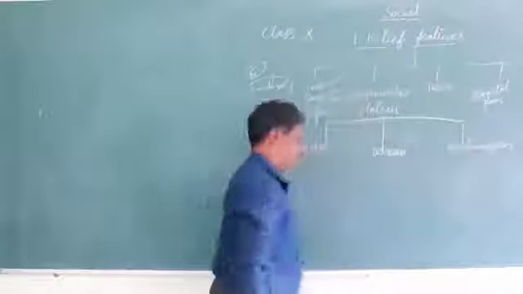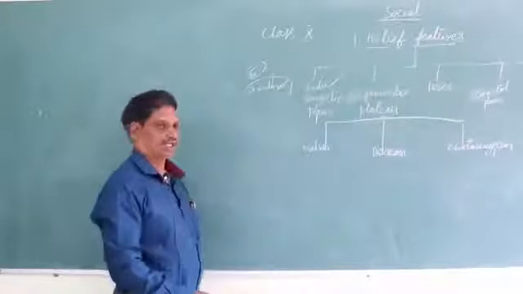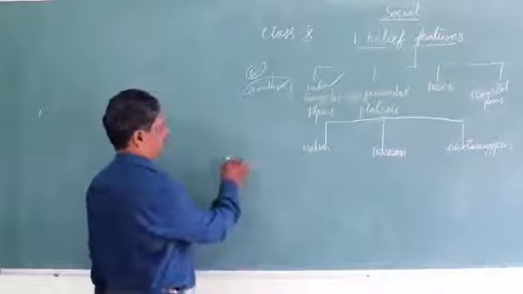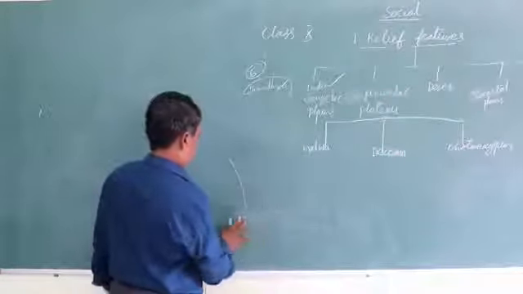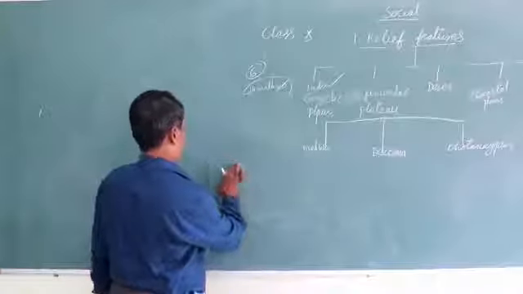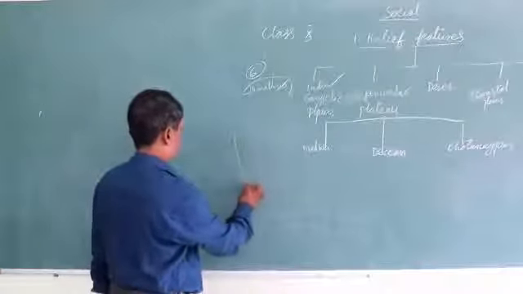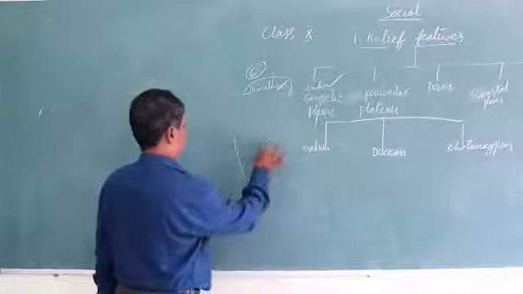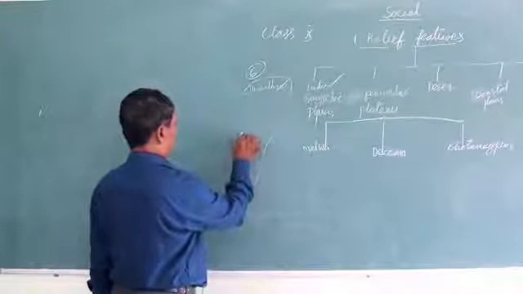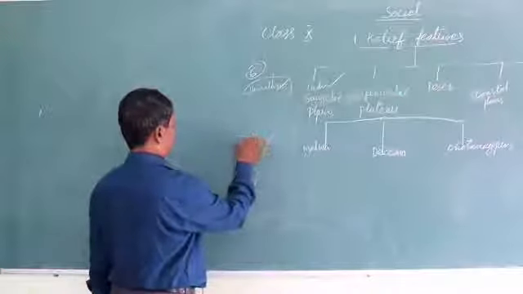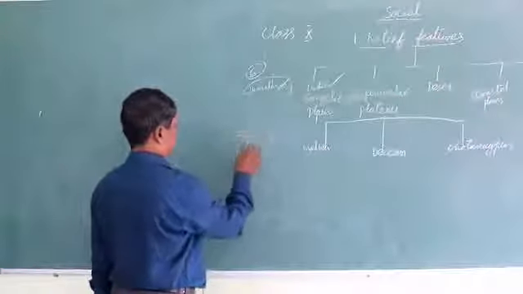Chotanagpur plateau. So we shall know in detail what is the peninsular. We shall draw the small map, easy to. Okay, so here the central highlands, the two rivers are there, Narmada and Tapati.